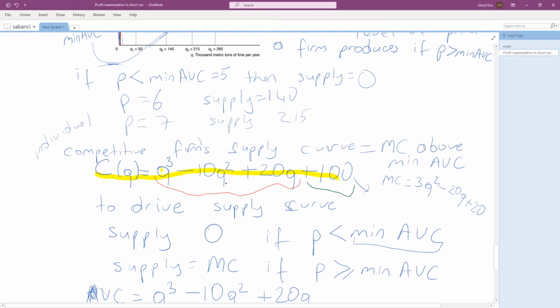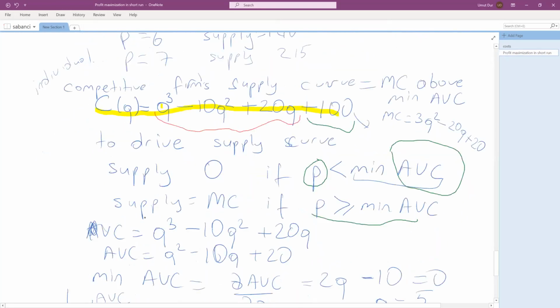For the production, what matters for me is the average variable cost, because I know that I will produce if the market price is greater than or equal to the minimum of the average variable cost. First, I need to find the average variable cost.